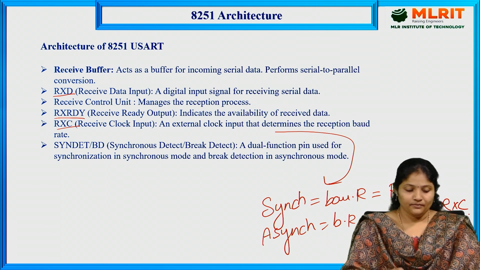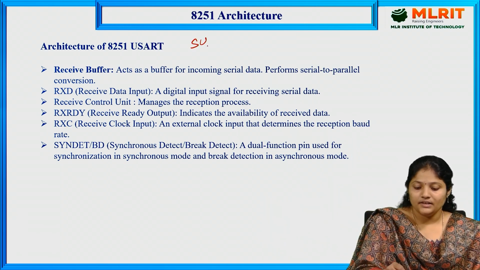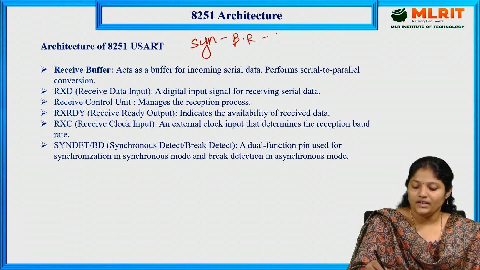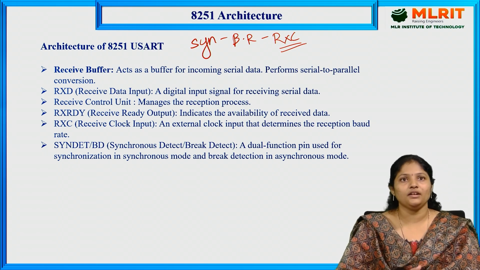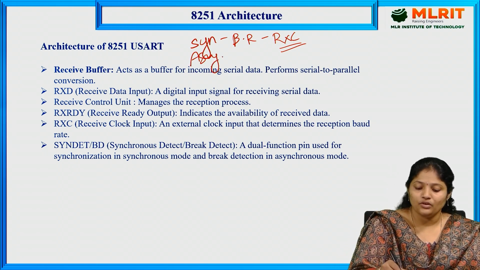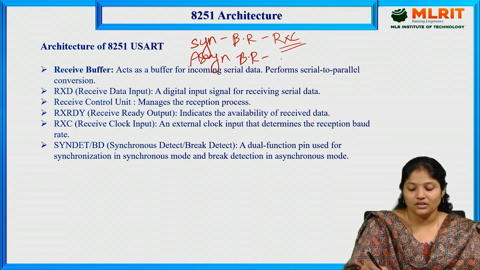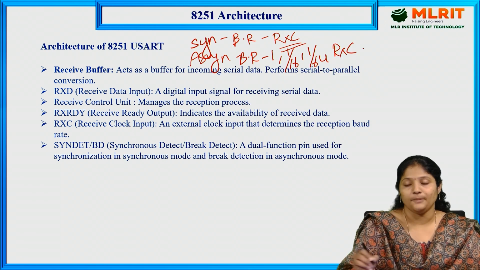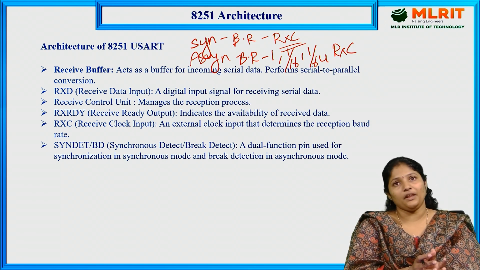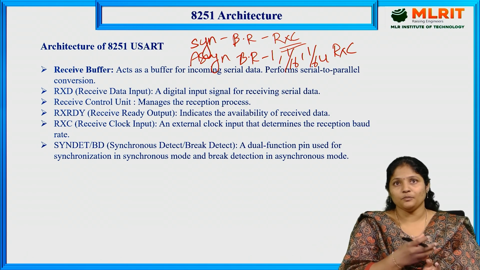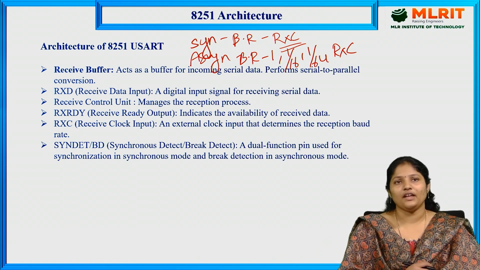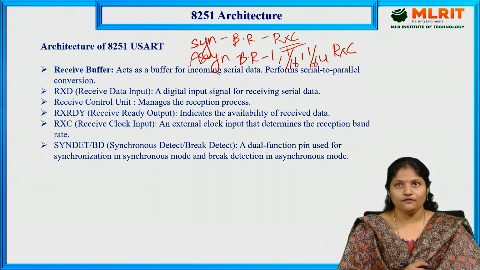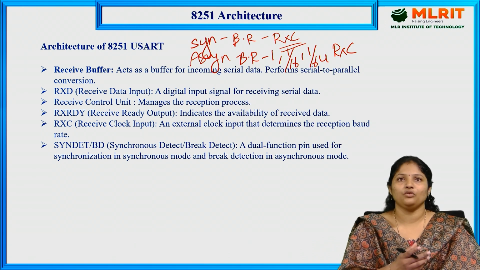So whatever input frequency we have applied, while using asynchronous mode the baud rate will be equal to RxC, or 1 by 16 of RxC, or 1 by 64 of RxC. It totally depends upon the mode which we are using.